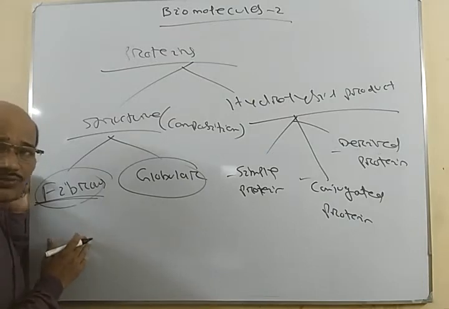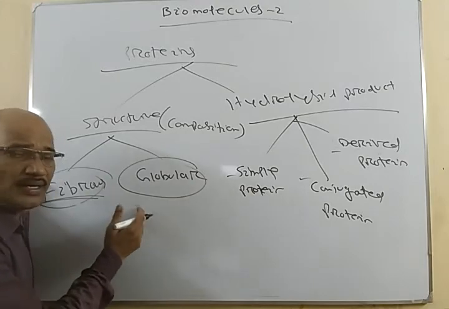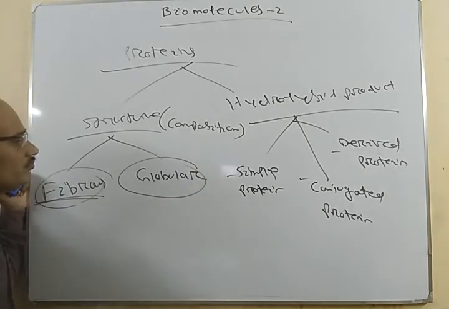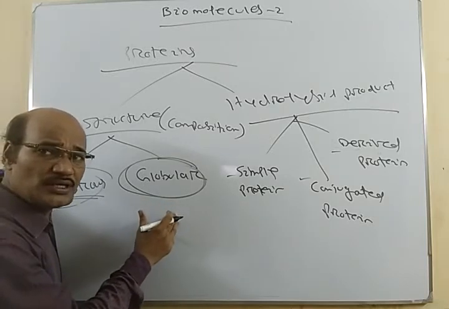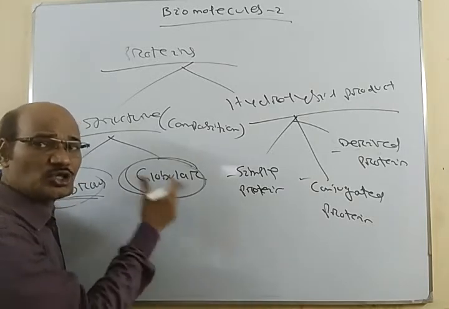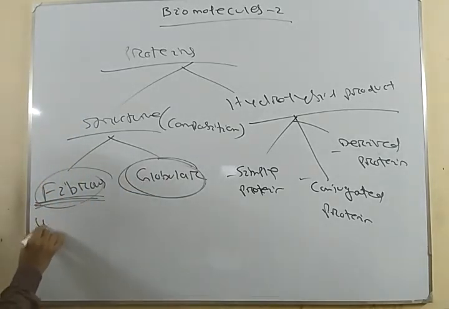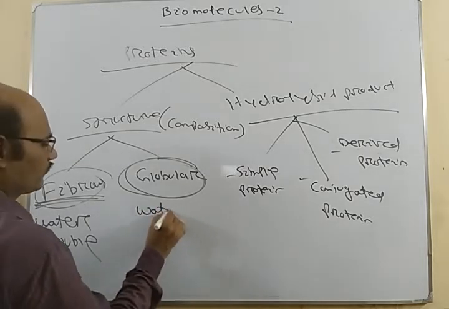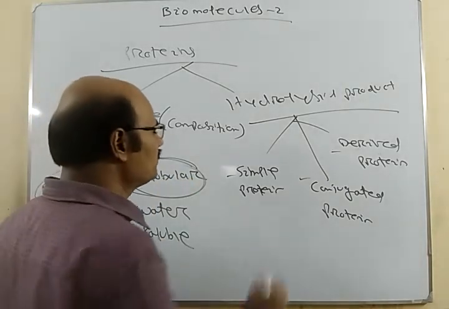Fibrous proteins are those where the peptide chains are arranged side by side to form a long fiber. And globular proteins are those where the peptide chains are joined together to form a spherical, spheroidal-like structure. These are water insoluble and these are water soluble.